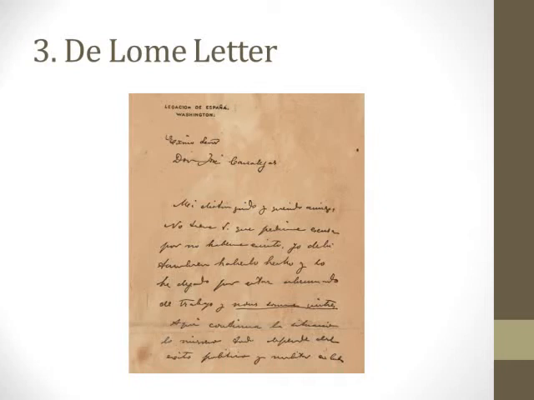was that the Delome letter was a letter from the Spanish ambassador to the Spanish king. It was a secret letter. And what happened was that the Spanish ambassador wrote a letter to the Spanish king criticizing President McKinley.